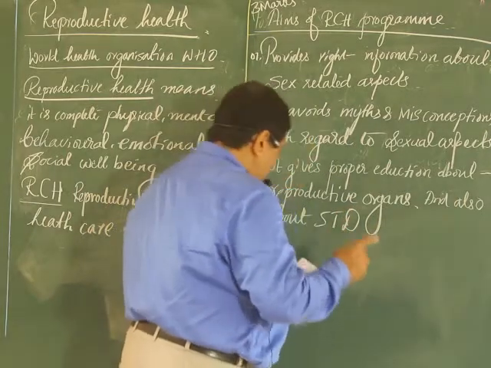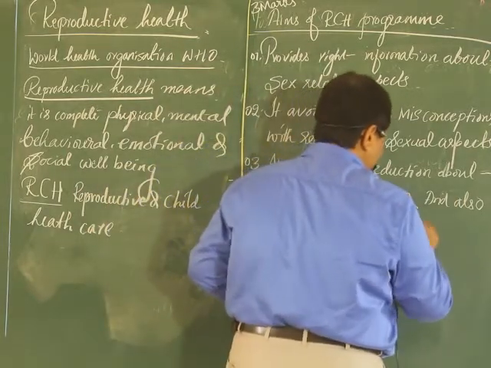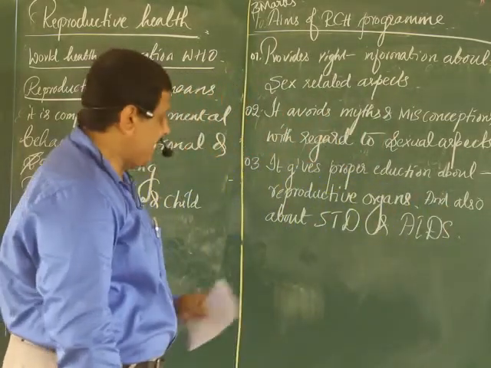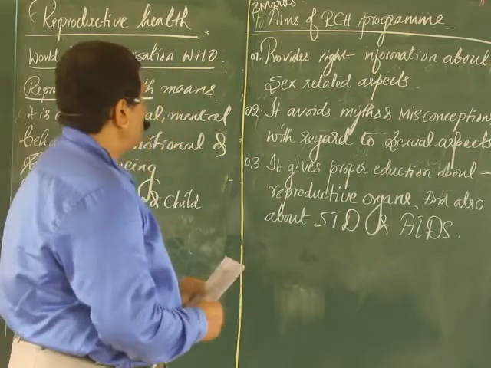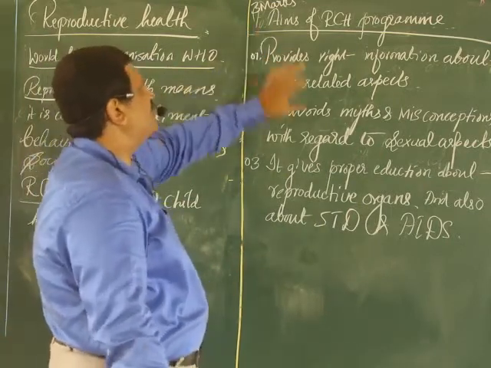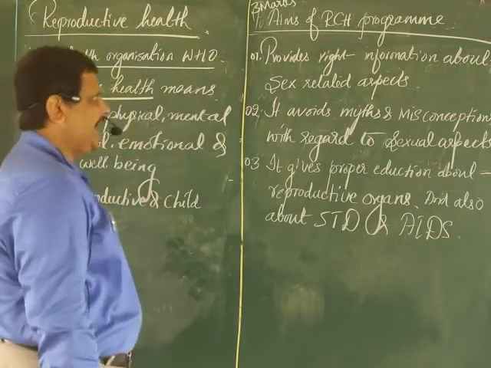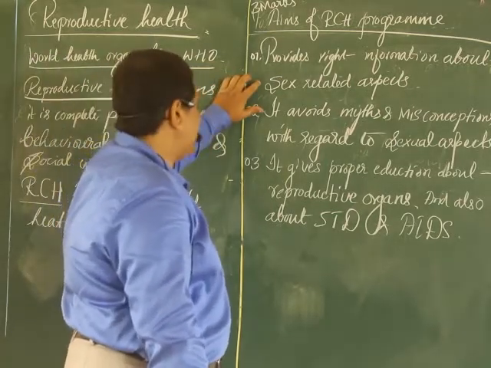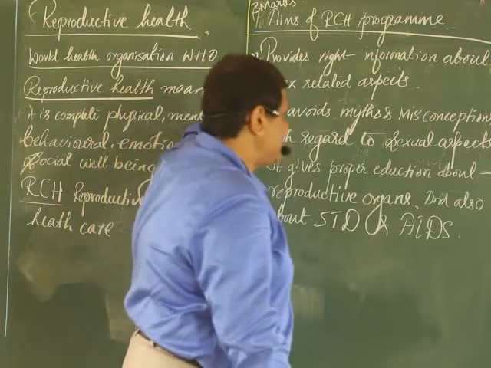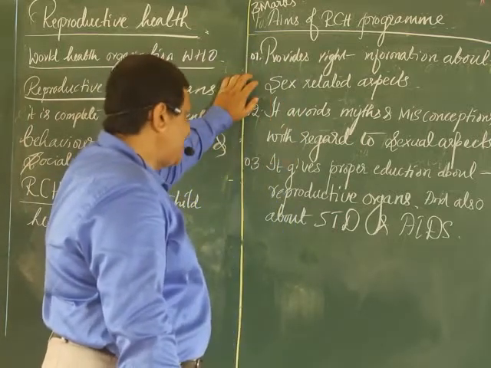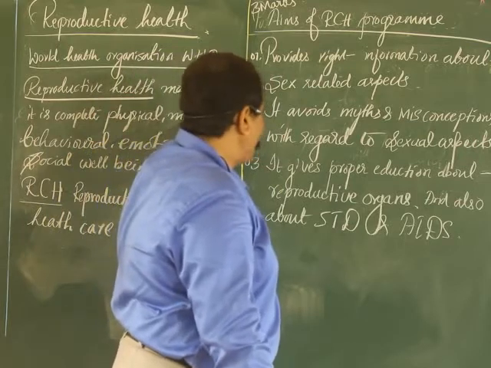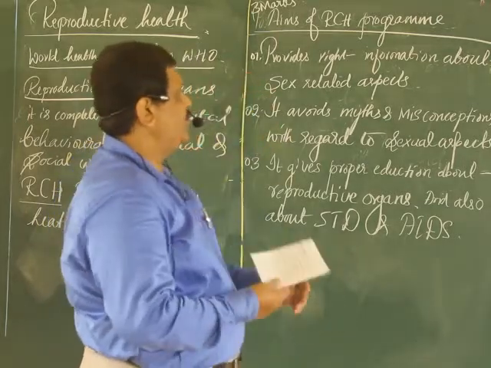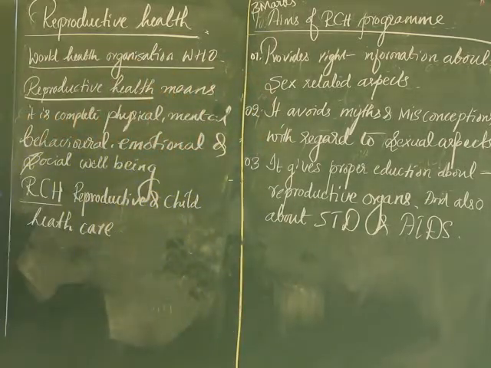Sexually transmitted disease and AIDS. So, if they ask, write the aims of reproductive child health care program: first point is it provides right information about sex related aspects. It avoids myths and misconceptions with regard to sexual aspects. It gives proper education about reproductive organs and also about STD and AIDS. So, these are the things that you should write.